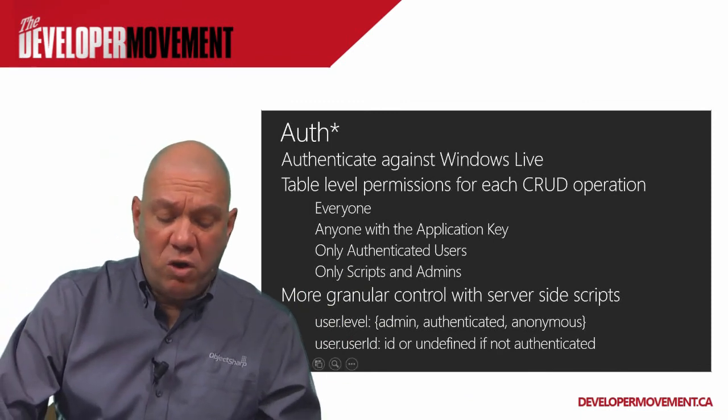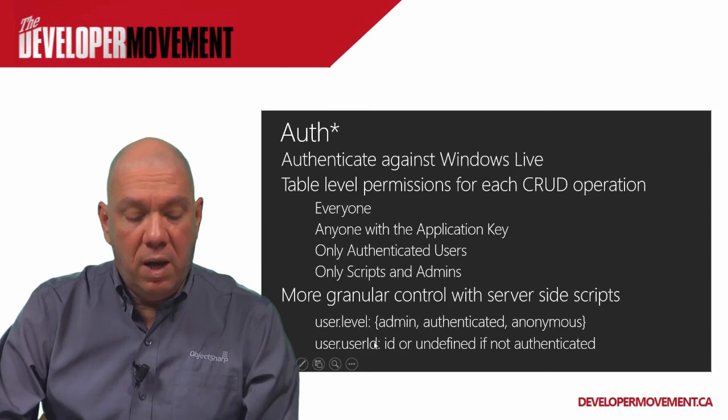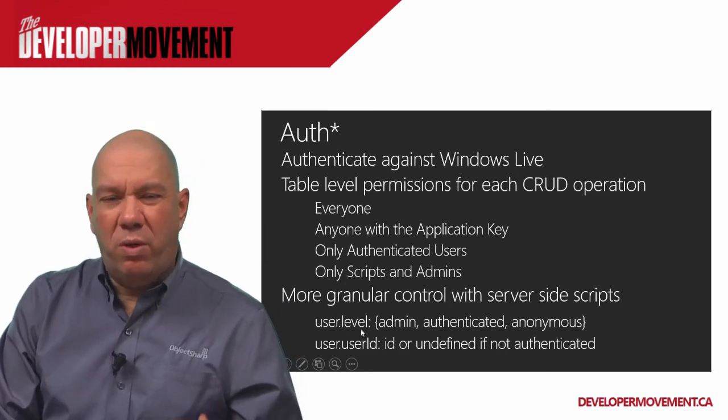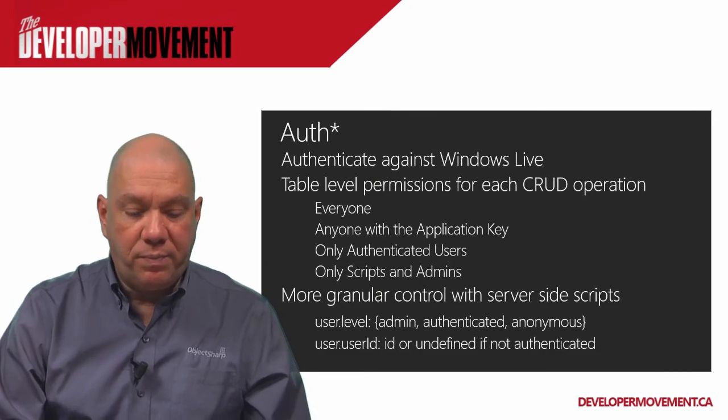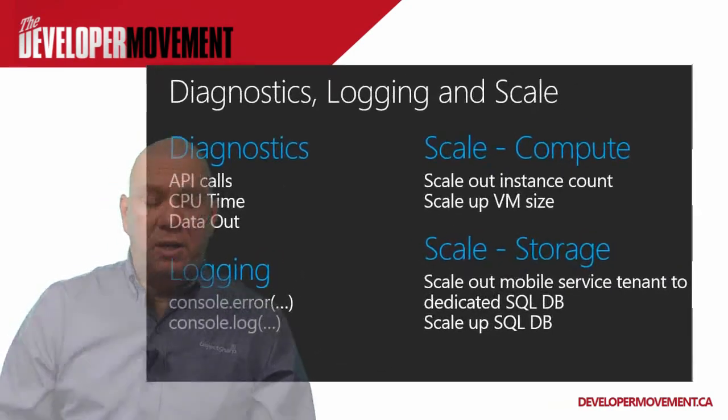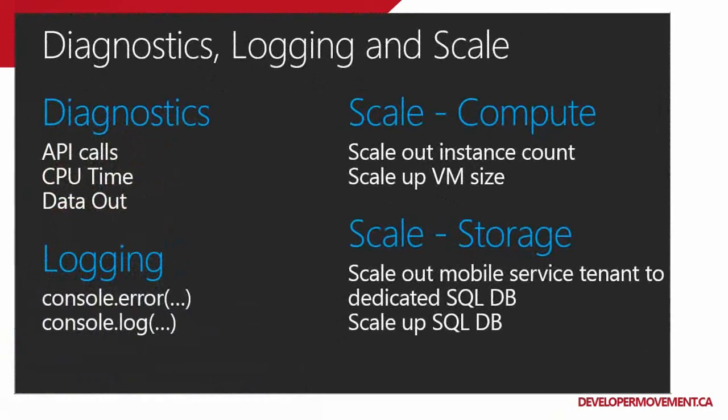Again, inside of that user object, I have that user ID. I've also got a level, so I can tell whether they're admins, whether they have just been authenticated, or whether they're anonymous. We've talked about the diagnostics, so I can actually see information on API calls and some CPU functionality. I can log into that log table, error messages or log messages.